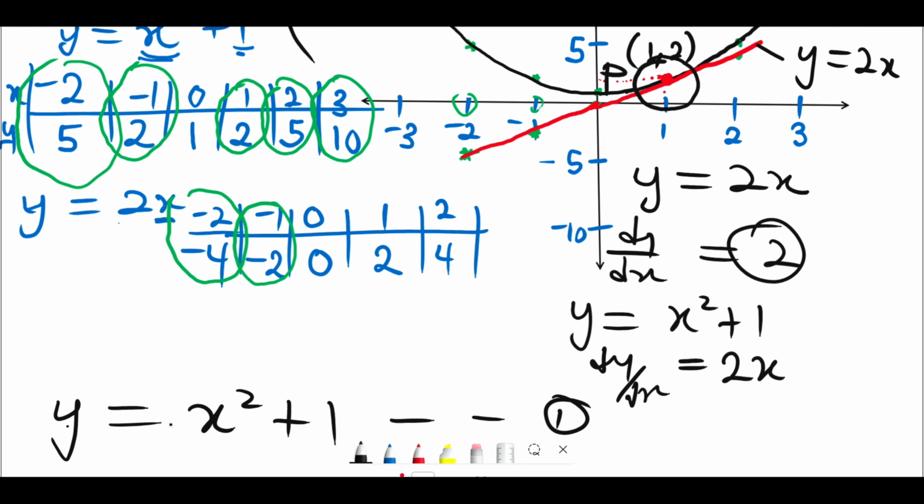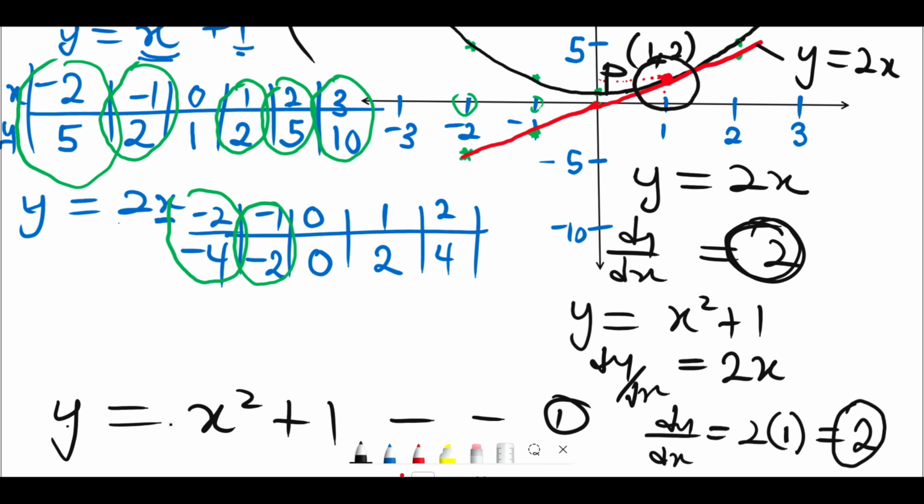So 1 goes for x. So our dy/dx for the curve at where it touches the line becomes 2 multiplying the value of x, that is the value of x at where the curve touches the straight line. So this will give us the result to be 2. And you could see that the gradient of the line and the gradient of the curve at where they meet are the same.